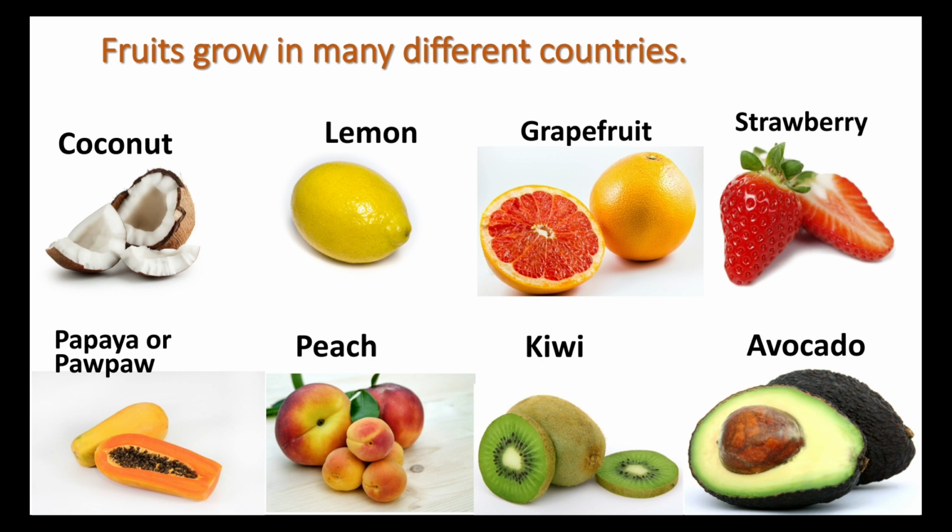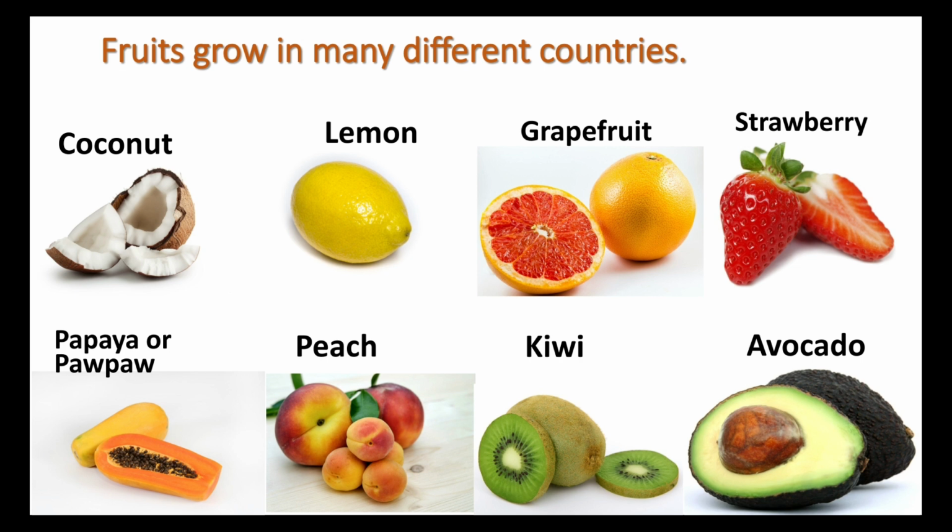But these same fruits cannot grow in countries that have a colder climate. Okay? I like to give you more examples so that you can listen. You can also improve your vocabulary. Okay?